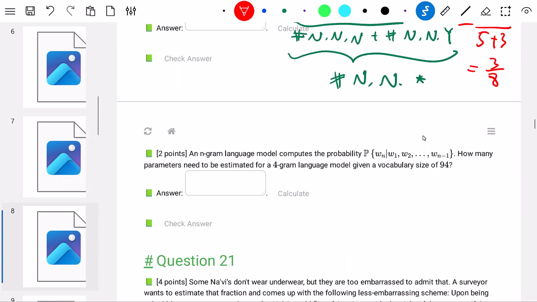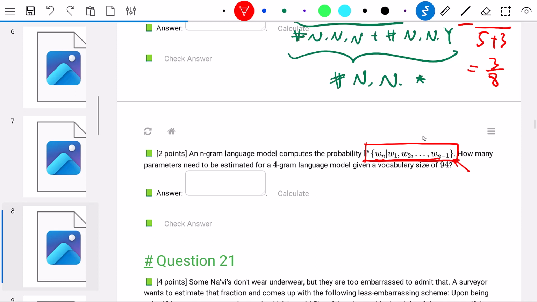The next one is a kind of question we didn't talk about specifically, so you need to combine 2 topics. One is the n-gram model, which looks like this, and the other one is the Bayesian network, how many conditional probabilities we need. These are actually conditional probabilities, and when we store them, we don't need the last one.